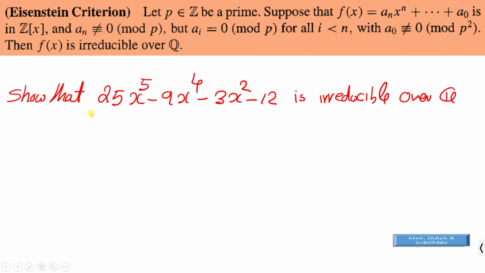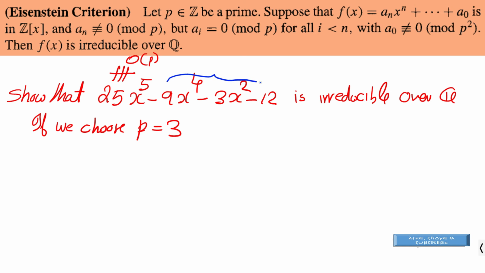Now let us see an example, an application of the Eisenstein criterion. So we are going to show that this polynomial is irreducible over Q. If we choose p equal to 3, then we can see that the leading coefficient is not congruent to 0 mod p, and all other coefficients are congruent to 0 mod p. In addition, the last term, that is 12, is not congruent to 0 mod p squared, that is not congruent to 0 mod 9.